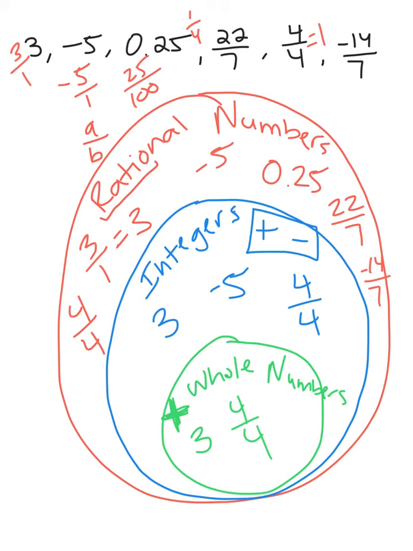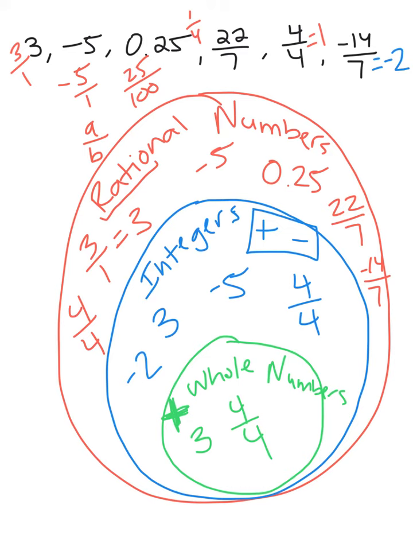Don't forget my negative number there. So I'm going to say that this is also equal to -2. Because it does not have to be written in my ratio form, I'm going to add it to my integers. It's a negative integer, and we know that my integers can be positive or negative. Because it's negative, it cannot go into my whole numbers category.